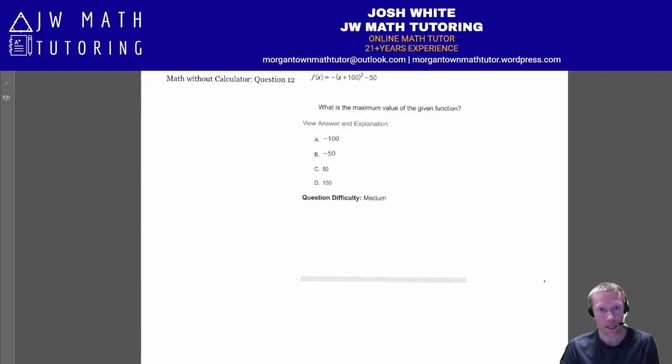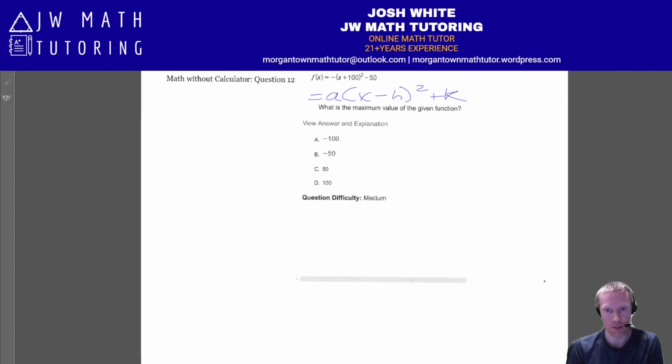Okay, moving on to the next question. Problem number 12. Here we have a quadratic function, and notice it is in vertex form. So, that is just a times x minus h squared plus k. When it's in vertex form, the vertex for any quadratic function will represent the maximum or minimum value of the function.